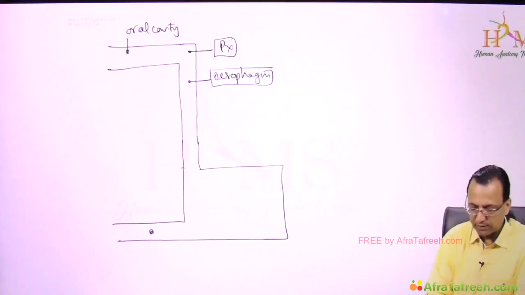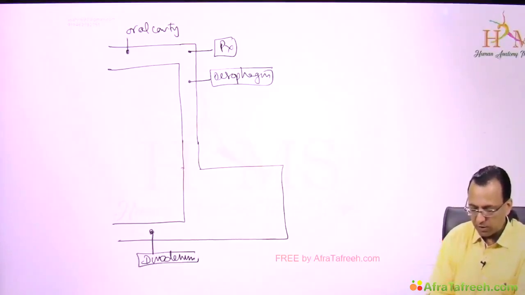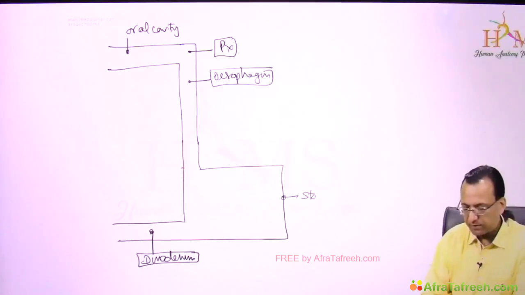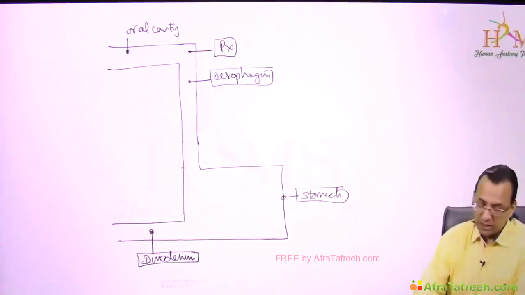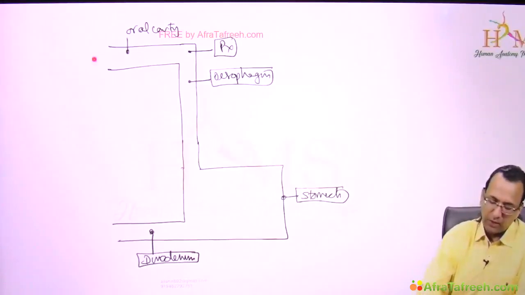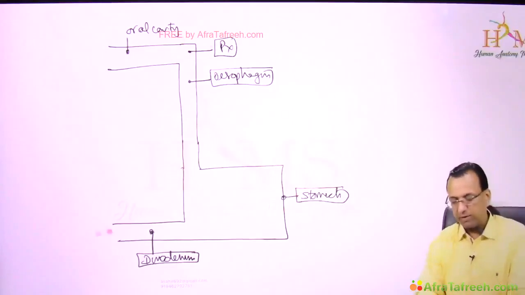Which part of the small intestine is this? This is the duodenum. If this is the duodenum, then this must be the stomach. Yes, that is the stomach. So the food will enter the oral cavity, go to the pharynx, then enter the esophagus to enter the stomach and the small intestine, which is the duodenum.